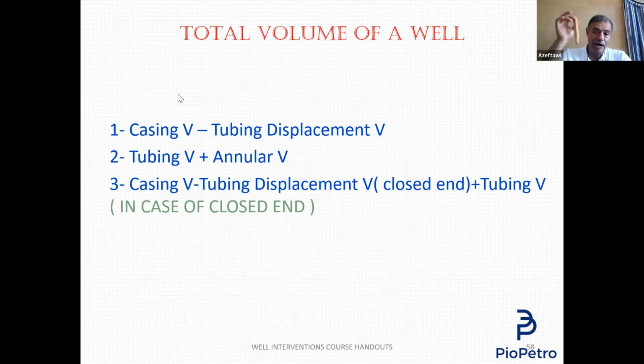But now I am running it plugged. So while running in the hole, I'm not filling the tubing. So what comes out is the sum of two things: the tubing volume plus the tubing displacement volume, which is 150 plus 50. What comes out is 200 barrels. 200 barrels are out.